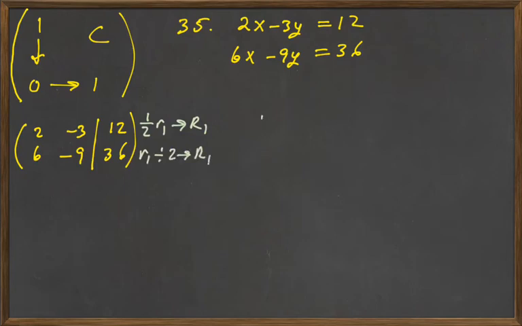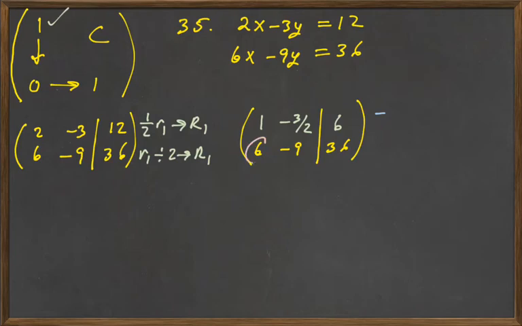Sometimes it's unavoidable. So dividing, 2 divided by 2 is 1. Negative 3 divided by 2 is negative 3/2. And then 12 divided by 2 is 6. Bottom row was unaffected. Okay. Next thing we'd like to do is make this a 0. This is in column 1, so we're going to use row 1. The opposite of 6 is negative 6.